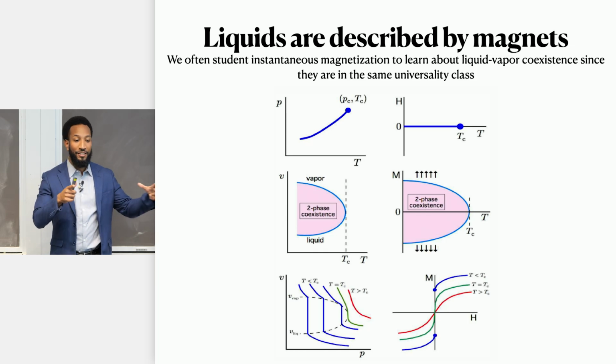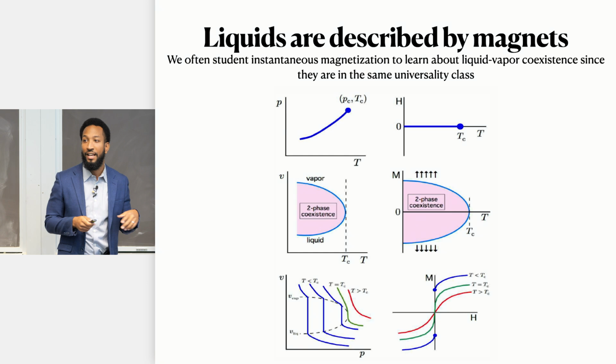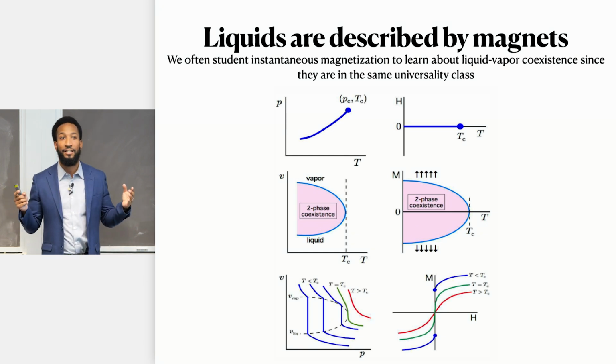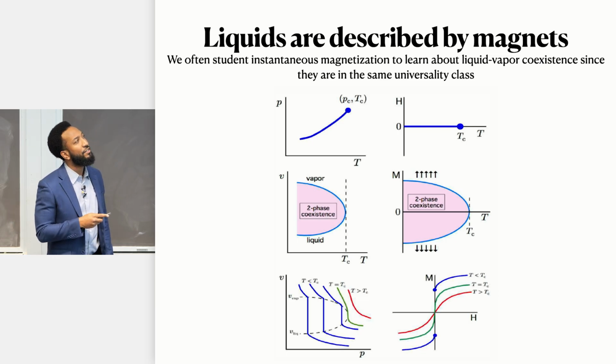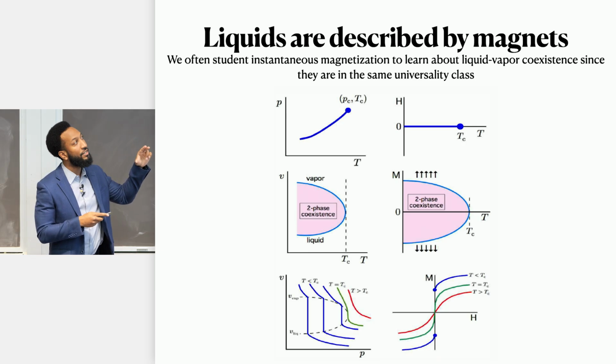They will start to have clusters that align just because of the temperature, even when there's no external magnetic field. And how that happens is actually very similar to how liquids form. So for instance, I showed you this curve here. It's just flipped sideways now, where it's vapor and a liquid in this two-phase coexistence region. I had this flipped before, but it's very similar.